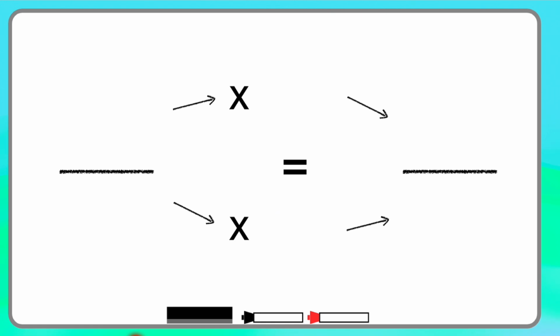Let's take a different fraction. Let's start this time with something like 3/5. I can choose something to multiply my numerator and my denominator by. Any number works. I could do 4.